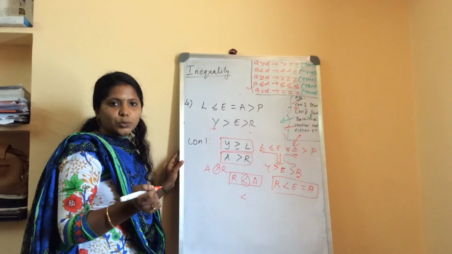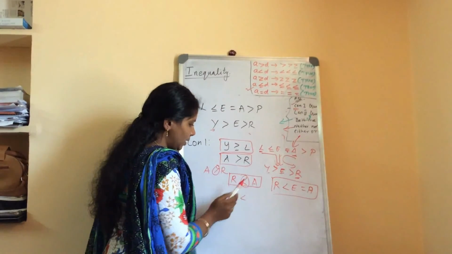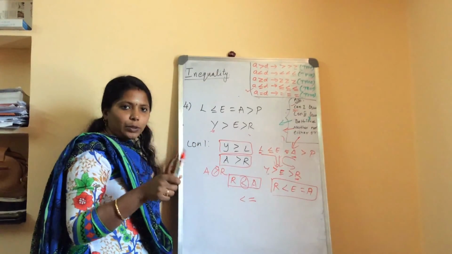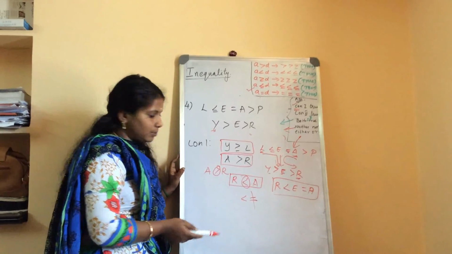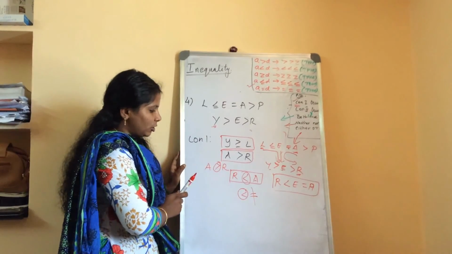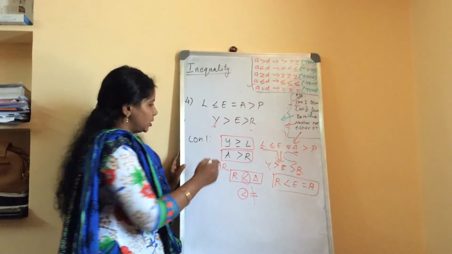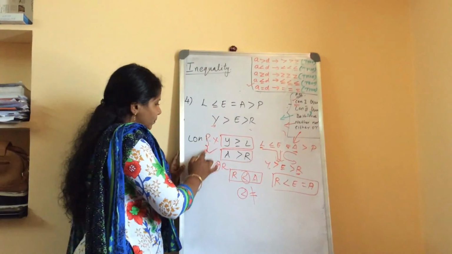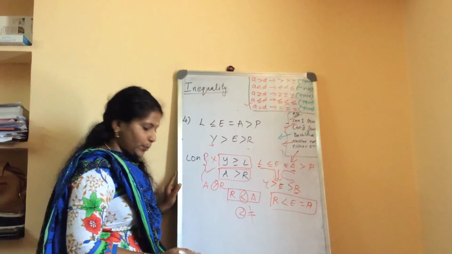Rule number 2 says always go with the less than symbol. So less than, equal to. As I told you already, equal to we don't need to consider directly. Only less than we need to consider. So from this statement, we find that conclusion 2 is true. Conclusion 1 is false, conclusion 2 is true. That is the answer.